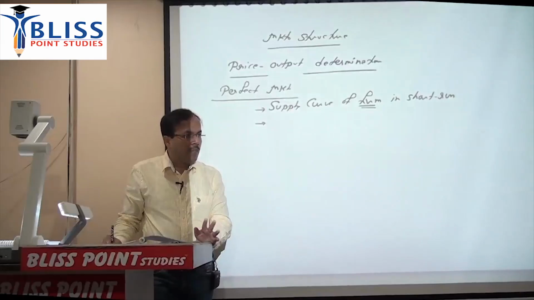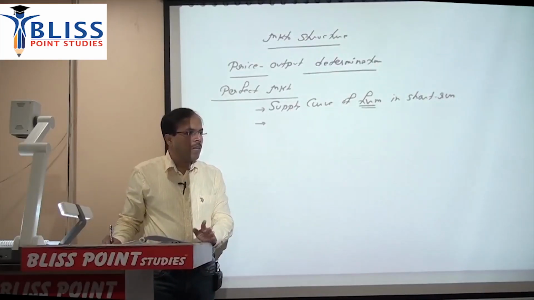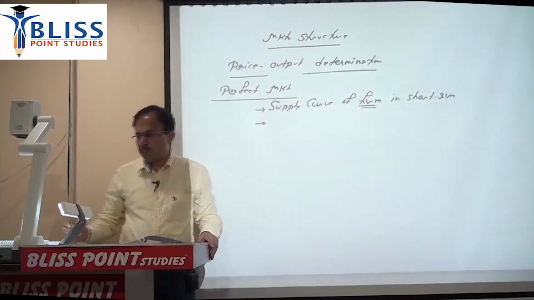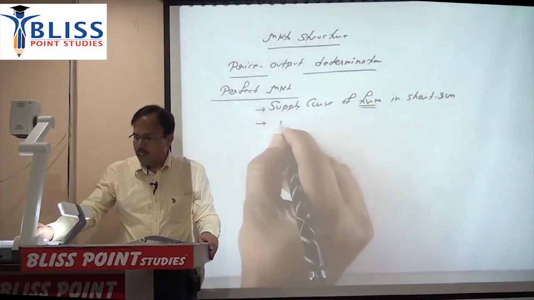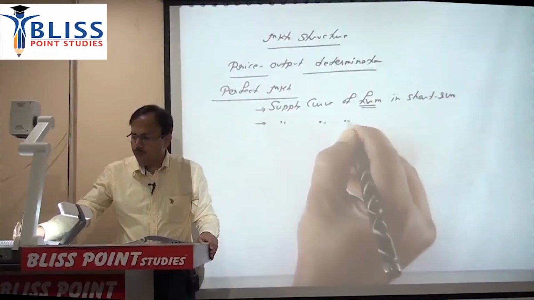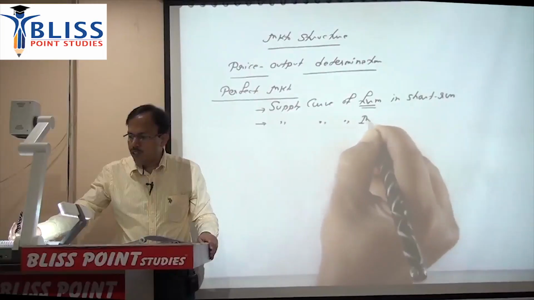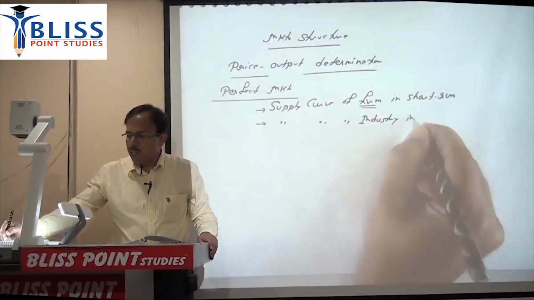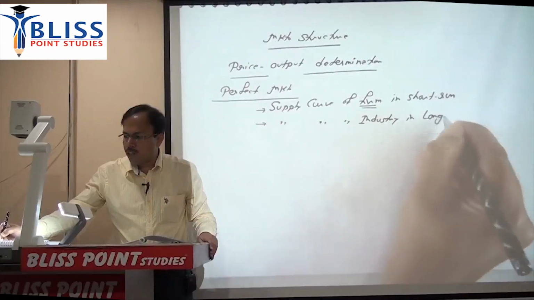Supply curve of individual firm because in the market there will be a large number of firms. So supply curve of one firm in short run. Then supply curve of industry, that is the entire market. Supply curve of industry in long run.